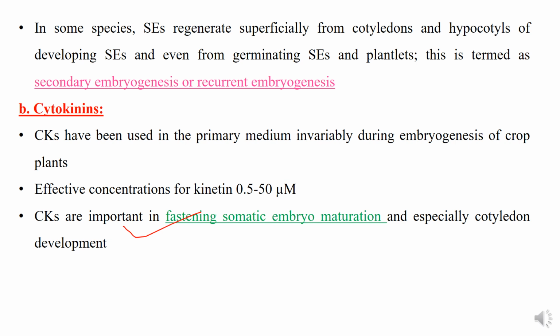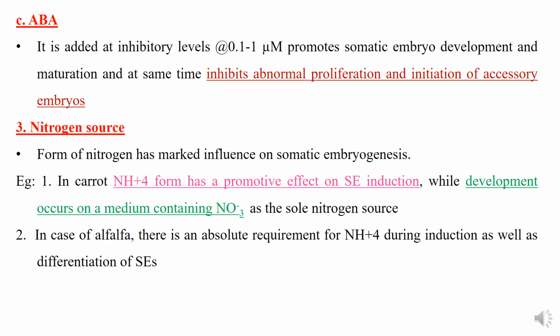And another one is ABA, abscisic acid. Why has abscisic acid to be added for somatic embryogenesis? Because we add it at levels of 0.1 to 1 micromolar, which will promote somatic embryo development and maturation. At the same time, it will inhibit abnormal proliferation and initiation of accessory embryos.